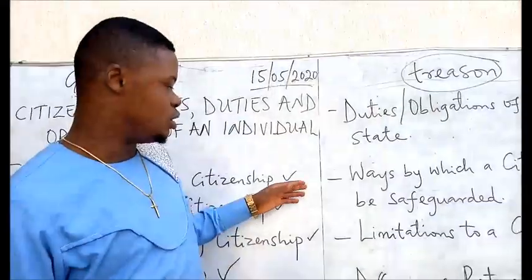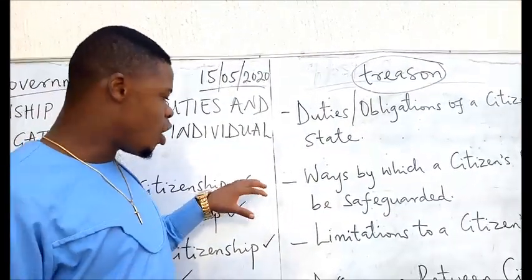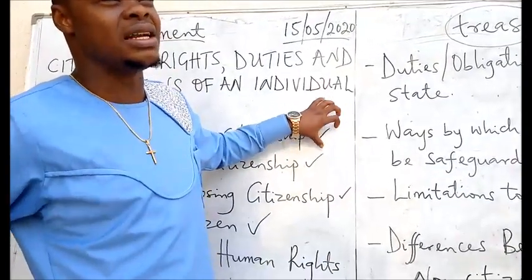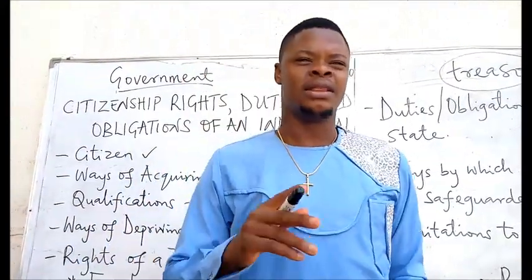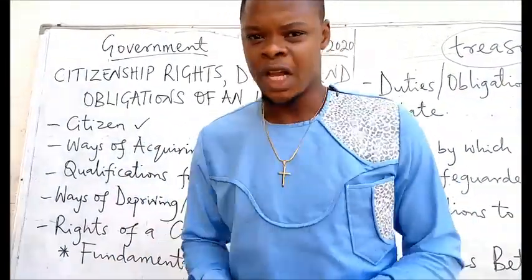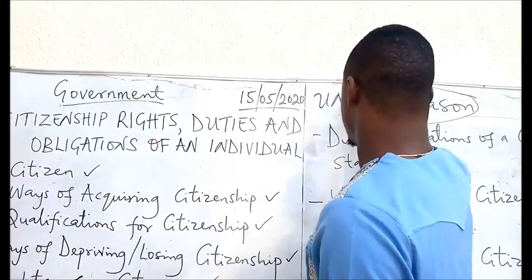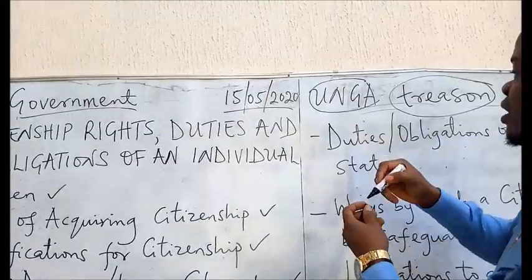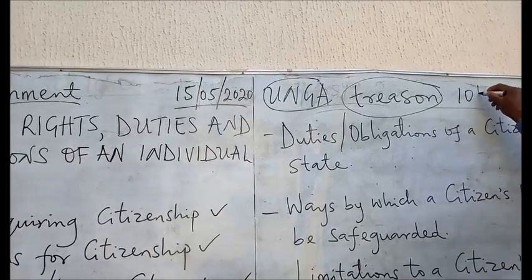So we are going to list those rights of a citizen or of an individual as enshrined in the Universal Declaration of Human Rights that was given on 10th December 1948 by the United Nations General Assembly, UNGA.